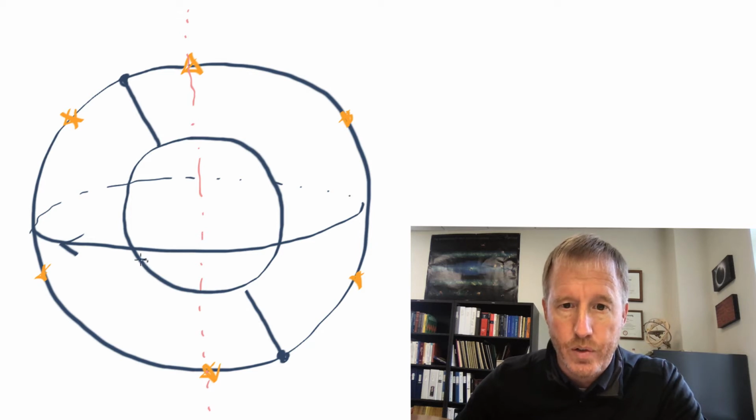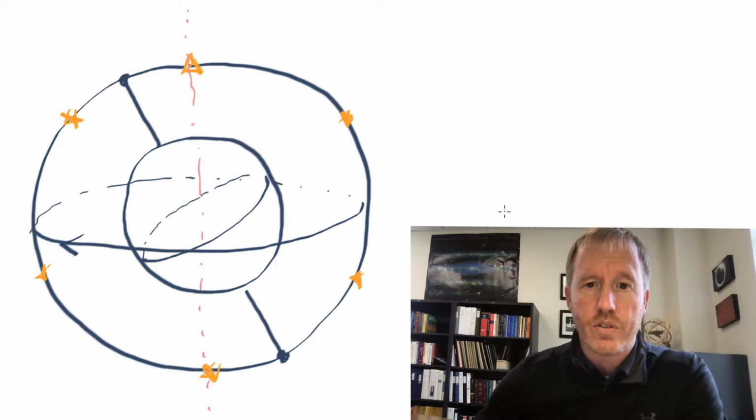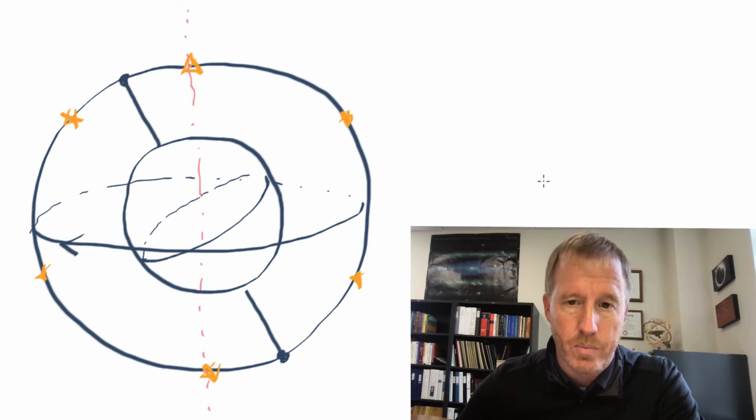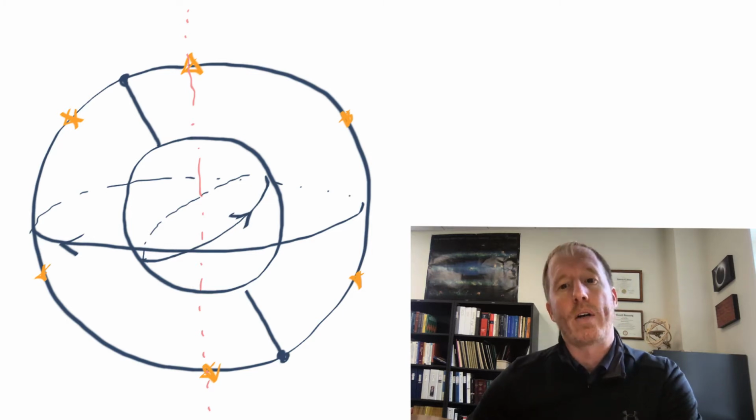And then we'll draw the equator of this smaller sphere like this. And this is a sphere on which the sun moves. And he mentions that this sphere rotates not from east to west, but from west to east.